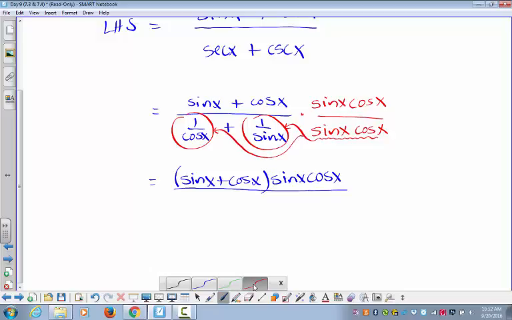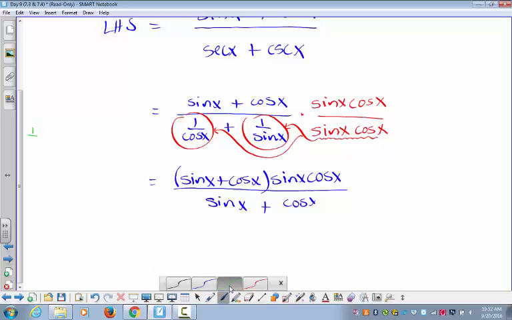We need to share it with the denominator. So what is sine times cosine times 1 over cosine? Just sine. And what is sine times cosine times 1 over sine? Just cosine. Everybody see that? We distribute sine cosine to each little fraction.